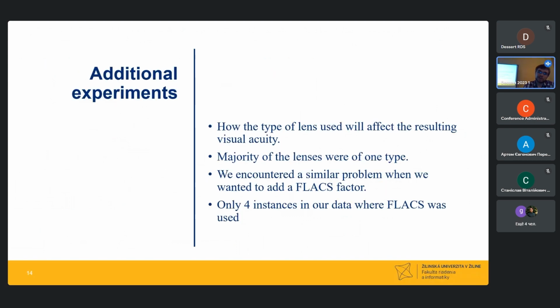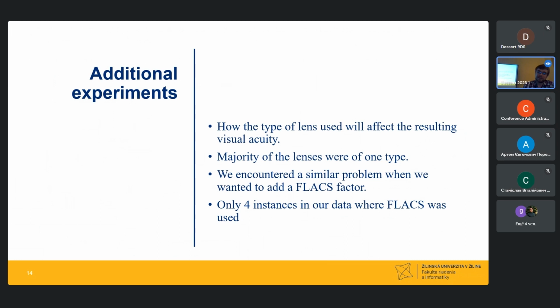And we also conducted some additional experiments, in which we tried to add the factor of type of lens which was used in the operation. But once again, we had a very similar result as in the first experiment. After a closer examination of the data, we discovered that the majority of the lenses were of a single type, more than 19%.